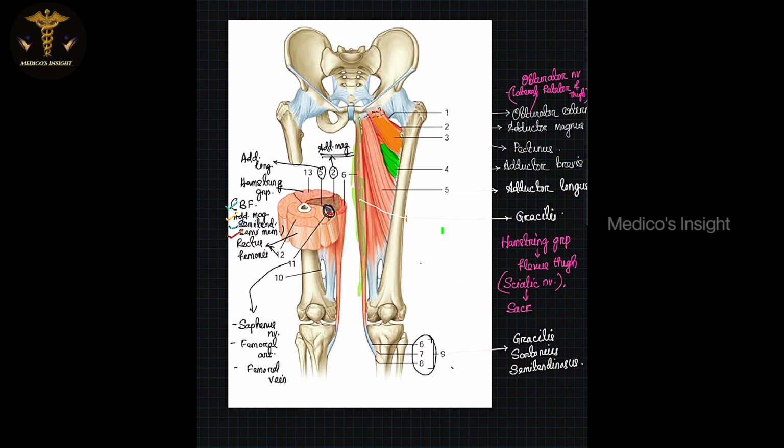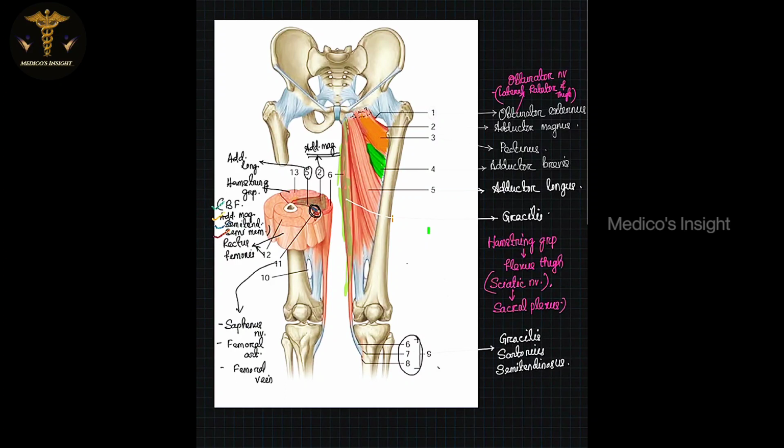The mnemonic is S for S. The femoral nerve is the longest branch of the lumbar plexus, and the sciatic nerve is the largest and thickest branch of the sacral plexus.